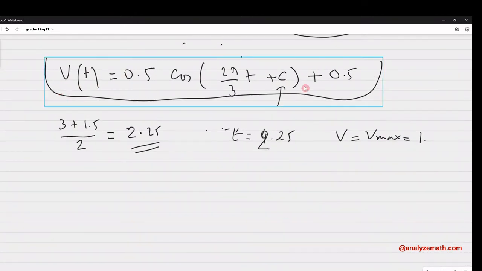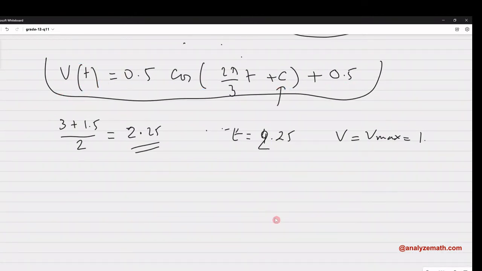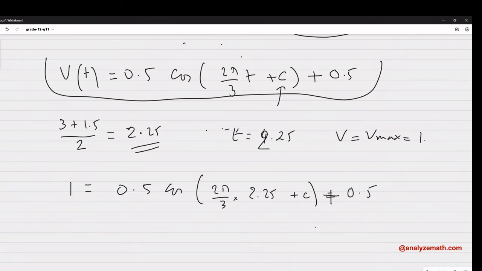Good. Now let's go back to our equation and say that V is a maximum and is equal to 1. This V here is equal to 1 when t equal 2.25. So let's write this 0.5 cosine 2 pi over 3 multiplied by 2.25 plus c equal plus c plus 0.5. So what do we have? We have a trigonometric equation to solve.